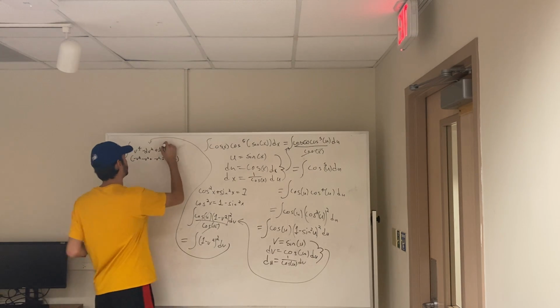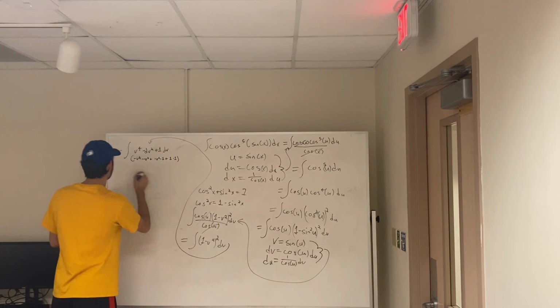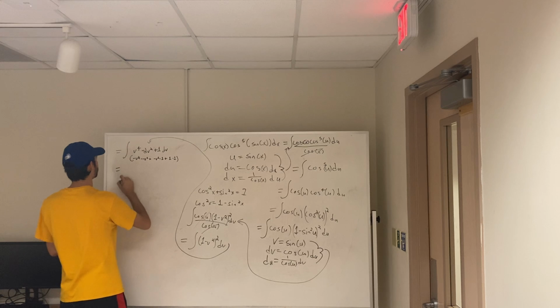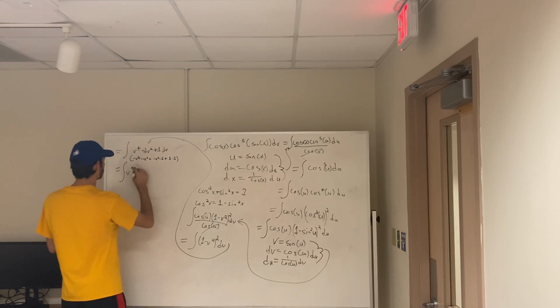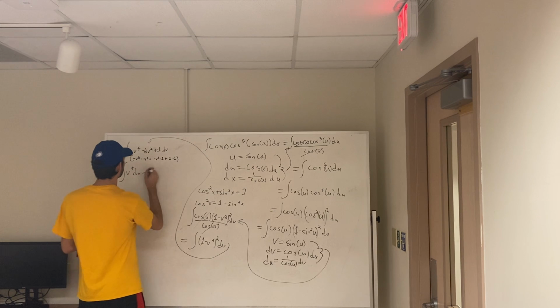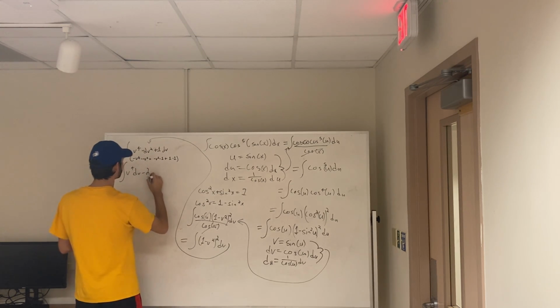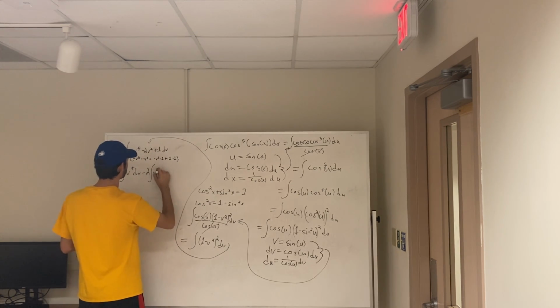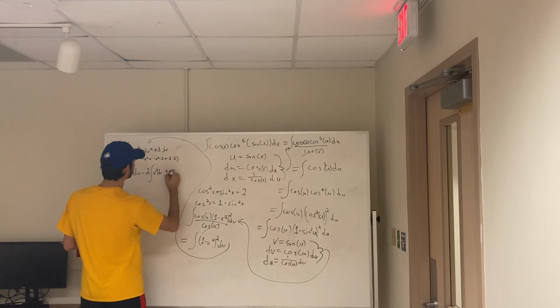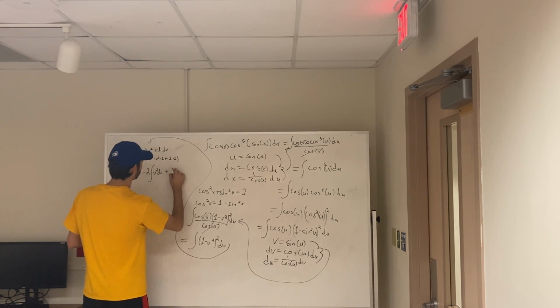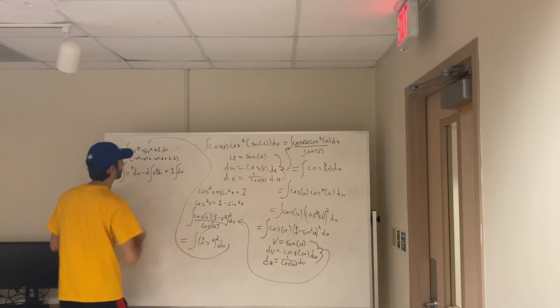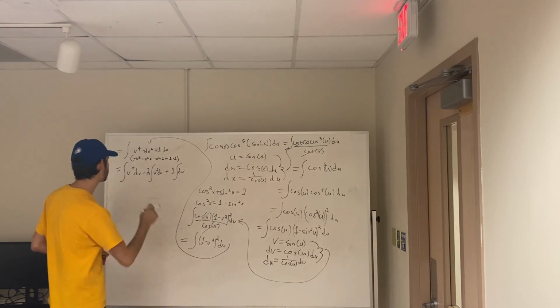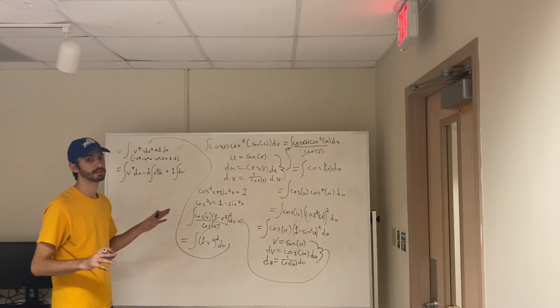Oh, I forgot something. We have dv right here. We can actually turn this into 3 different integrals by applying linearity. So we have v to the power 4 dv, minus 2, we can pull that 2 out, so it's v squared dv, plus we can pull that 1 out, dv. So this is going to give us very simple integration.